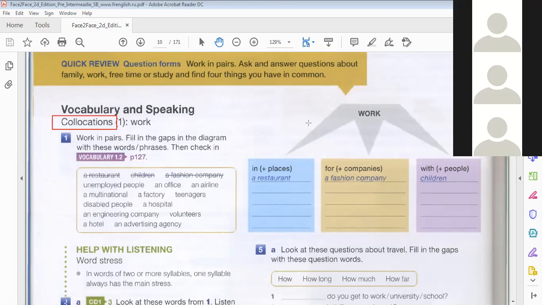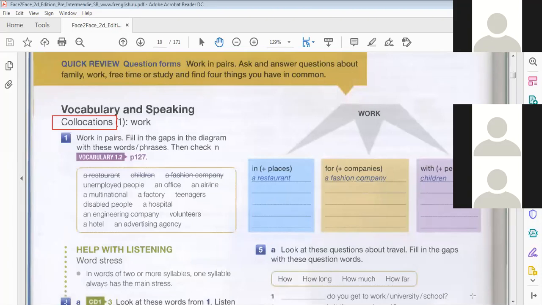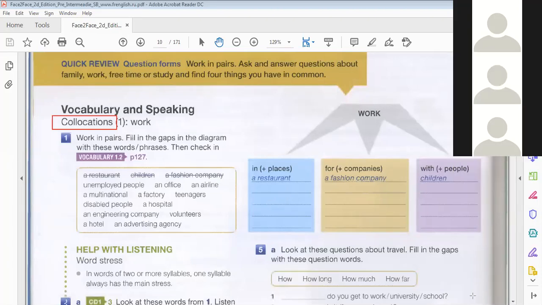Means word. Okay, a word. Not collection. Neyruz, what do you think? Collocations, maybe you can remember some collocations from your previous courses. A collocation. Okay, I'll give you a very simple example, and I want you to tell me what you think.